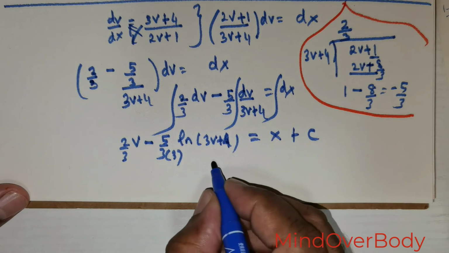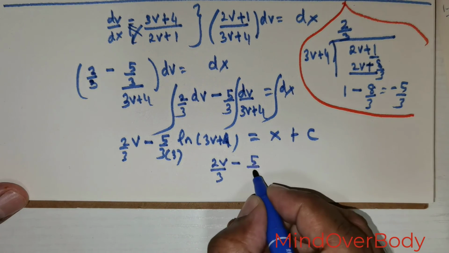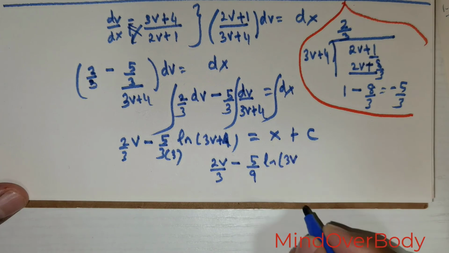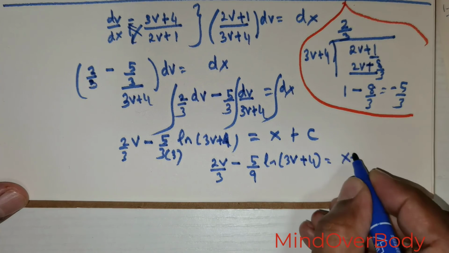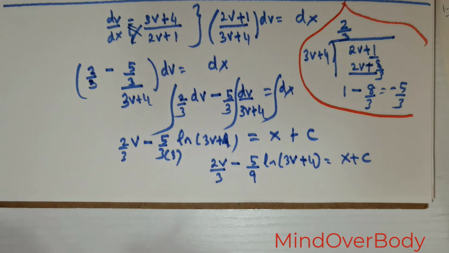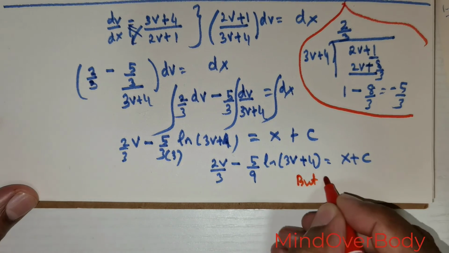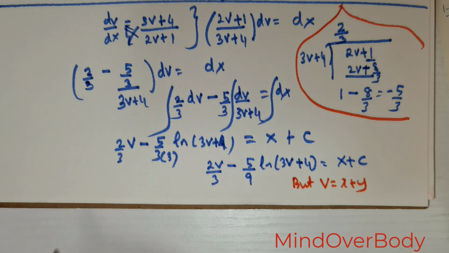So I can rewrite this as 2v/3 - 5/9 ln(3v + 4) is equal to x + c. But what is my v? My v is x + y.